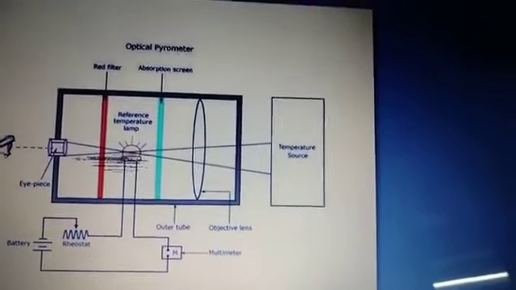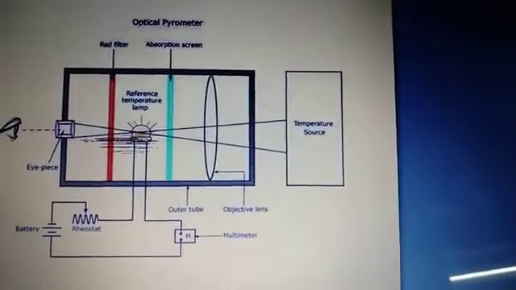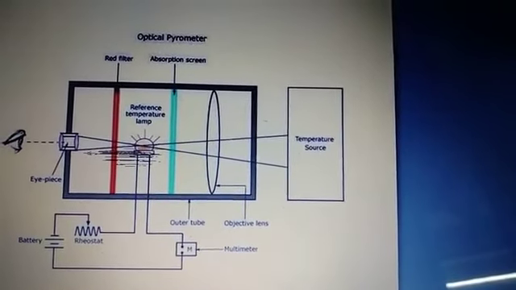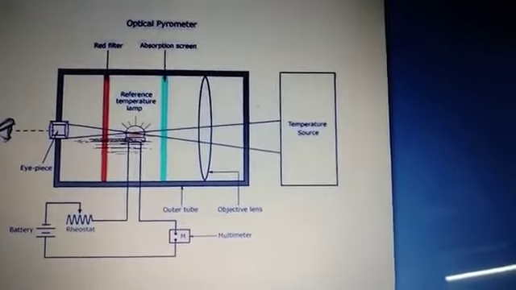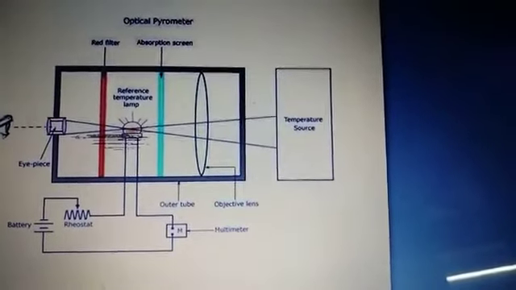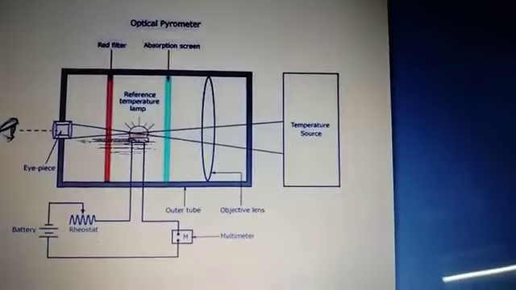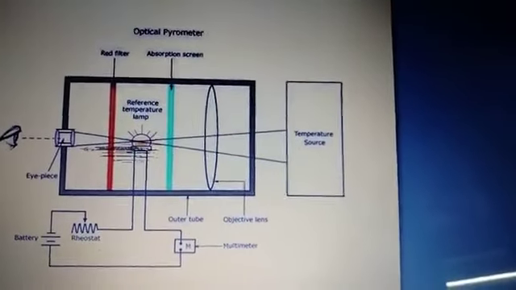In one arrangement you place a glass bulb with filament and lenses, and on the other side the observer, through an eyepiece, observes the radiation brightness of the filament.